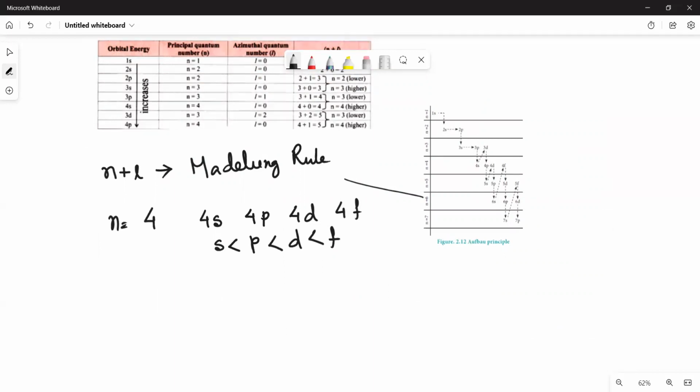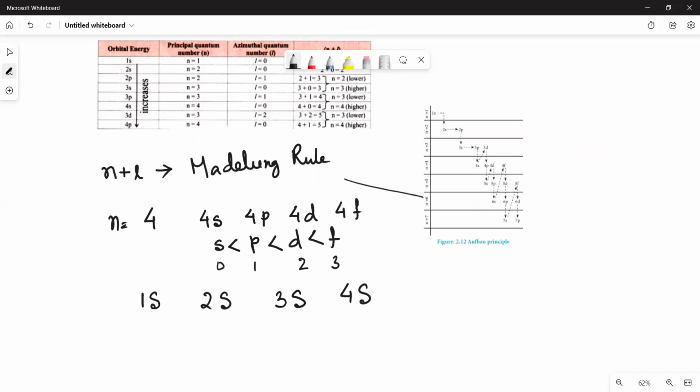If we think of the energy, 1 is, 2 is, then 3 is, and 4 is. So if I start adding this, s means 0, p means 1, d means 2, f means 3, right?